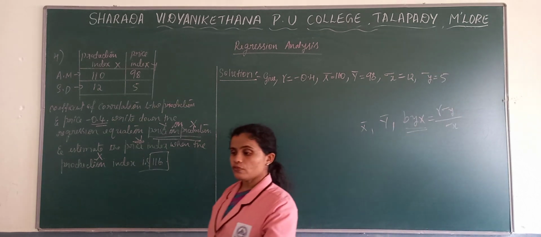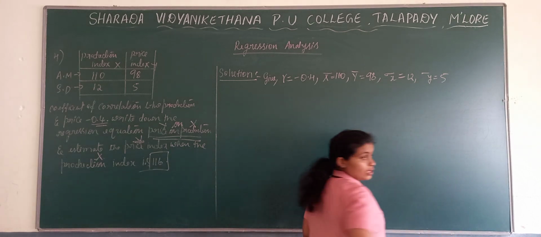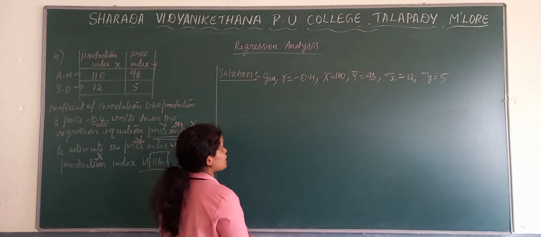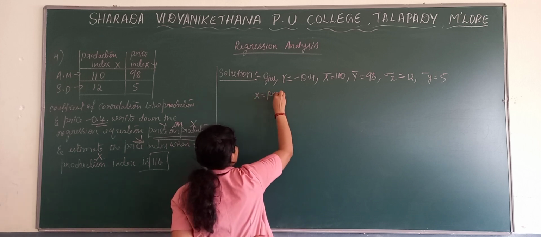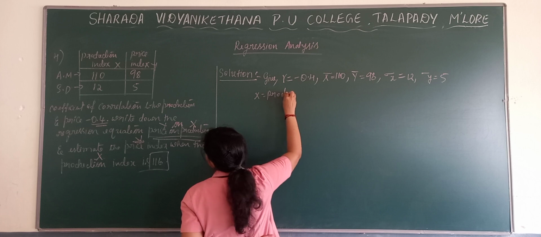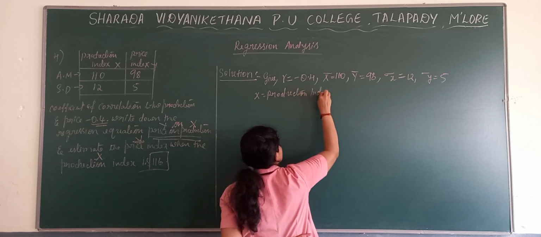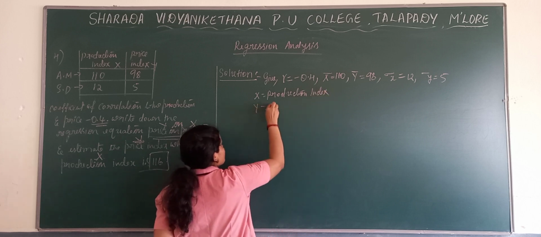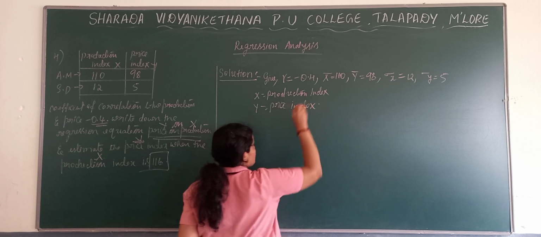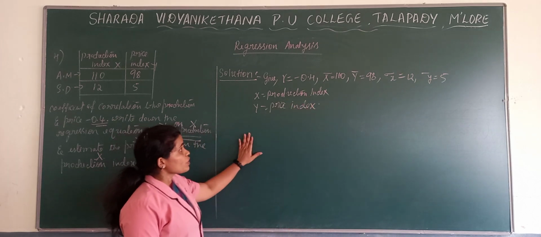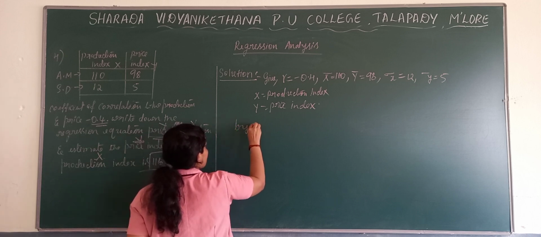So these are the values which they have given in the solution. Then for the clarification, you can write here x is equal to production index, y is equal to price index.